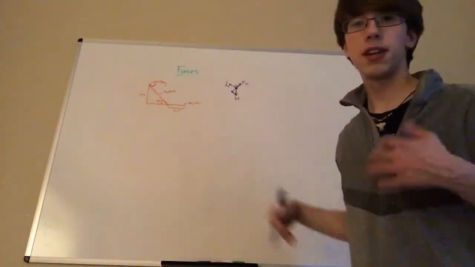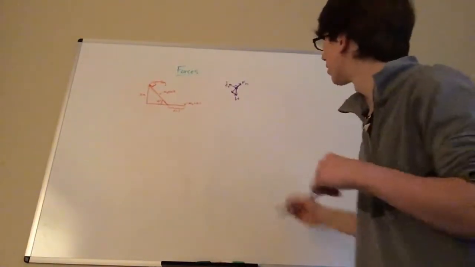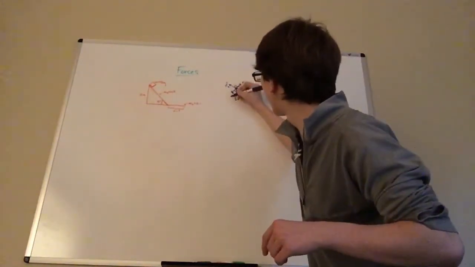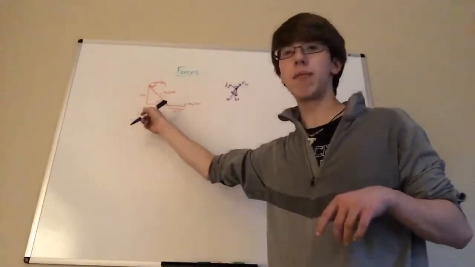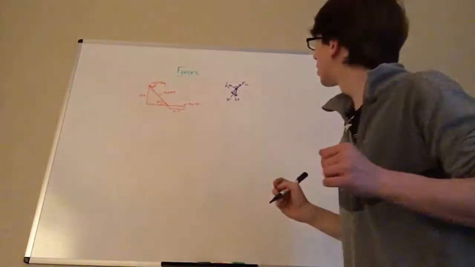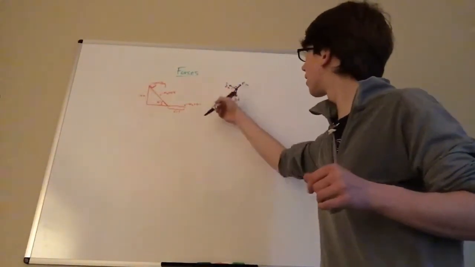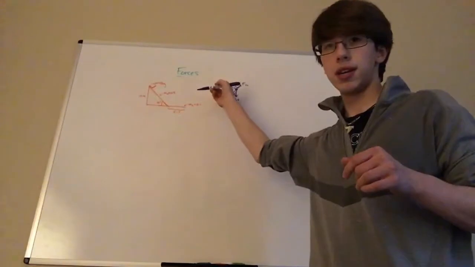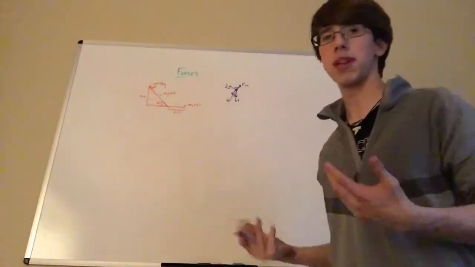So using sum of angles, differences of angles, we find that this angle right here is 30 degrees, which is the same as the ramp. So we'll call this the first component. Actually, I'll explain that later.